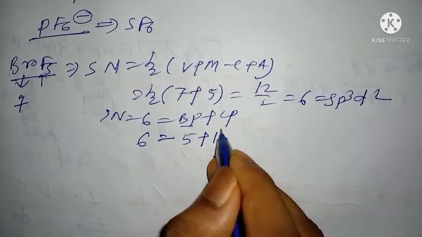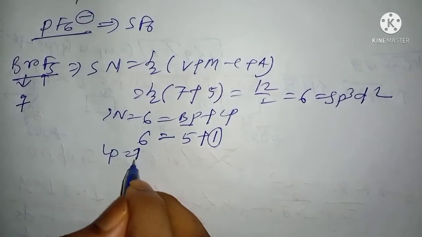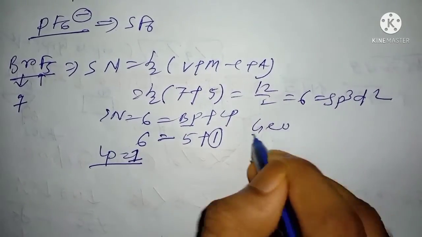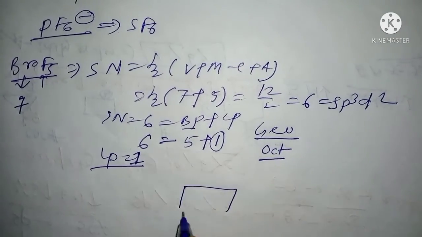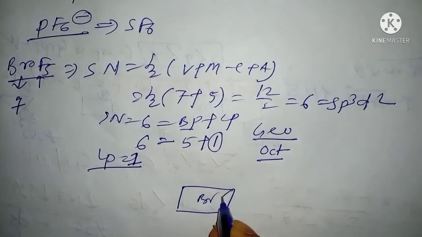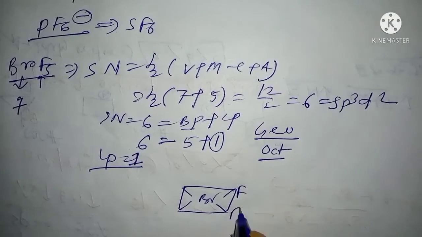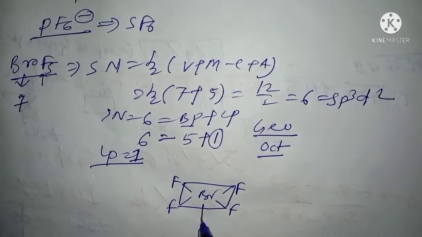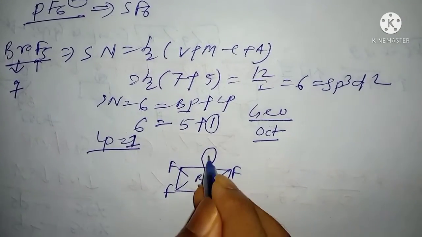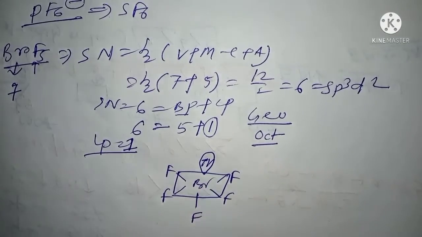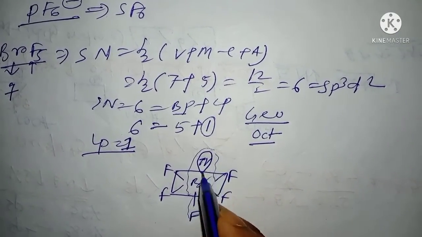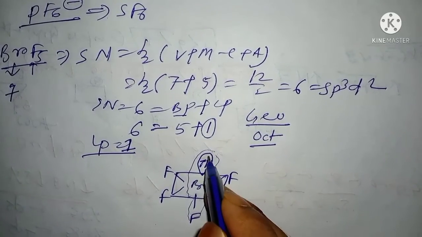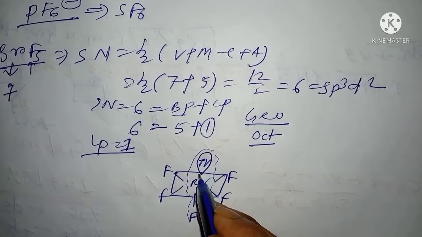So lone pair equal to 1. So the geometry is octahedral geometry. So first draw this bromine and 4 fluorines, and 1 fluorine in this, and 1 lone pair is this. In case of octahedral, lone pair is always in axial position. Remember this thing. In case of octahedral geometry, lone pair is always in axial position, not equatorial.